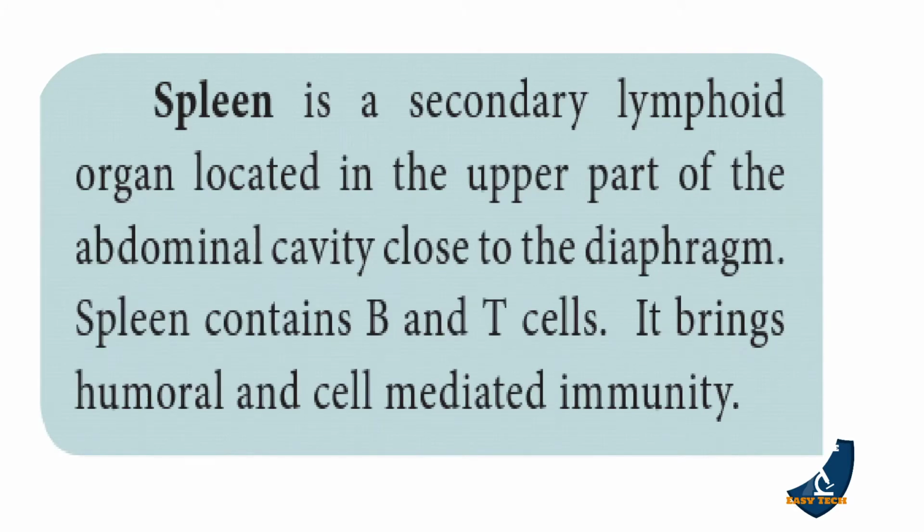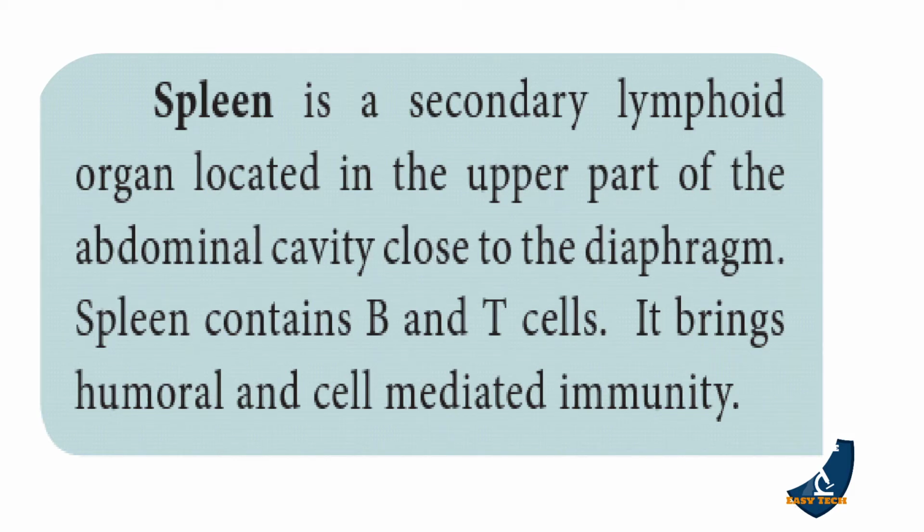Spleen. The spleen is a secondary lymphoidal organ located in the upper part of the abdominal cavity close to the diaphragm. The spleen contains B and T cells. It brings humoral and cell-mediated immunity. So the spleen is also one of the secondary lymphoidal organs.